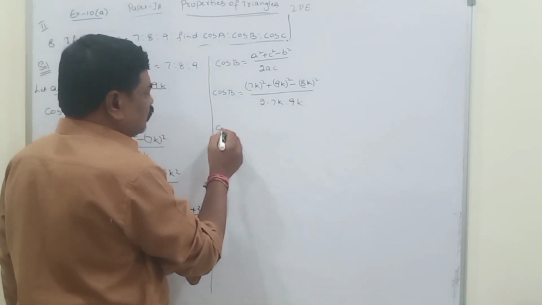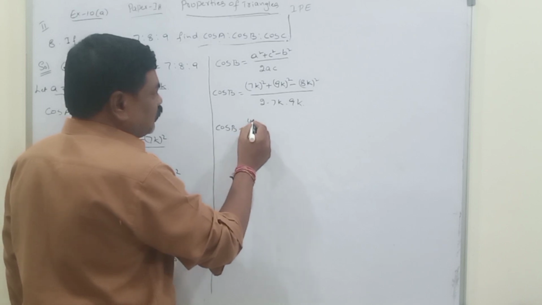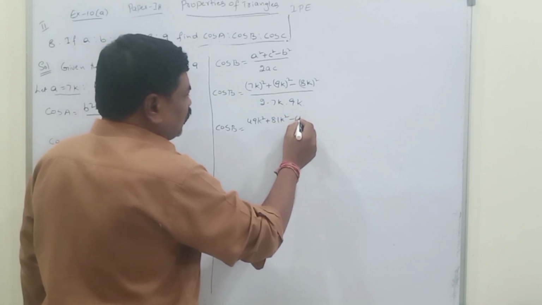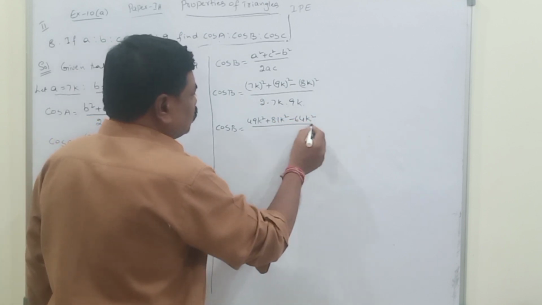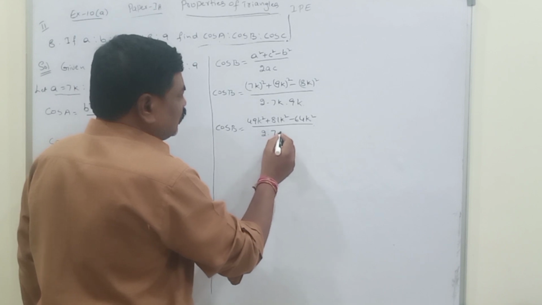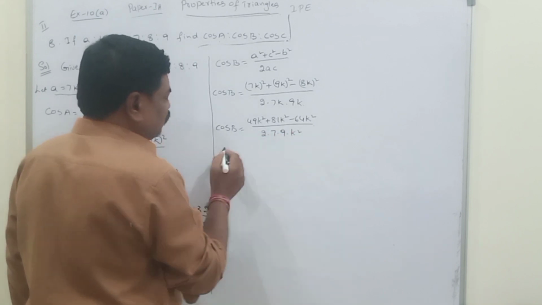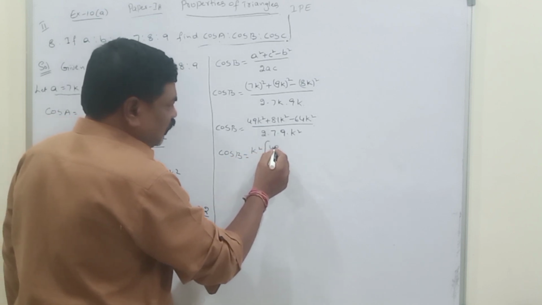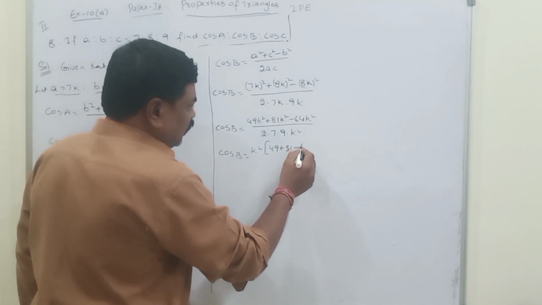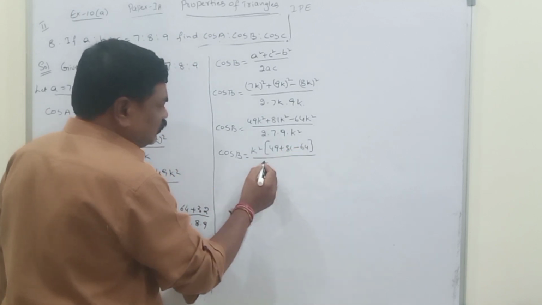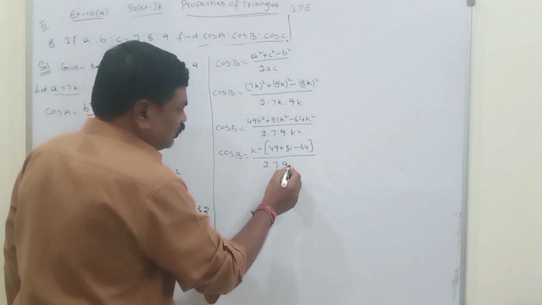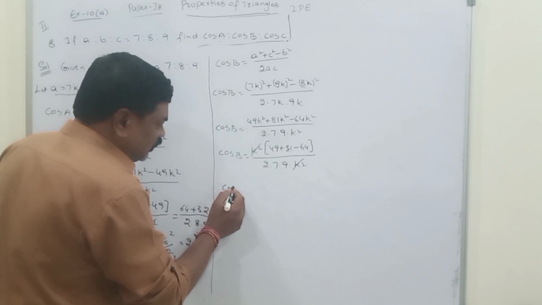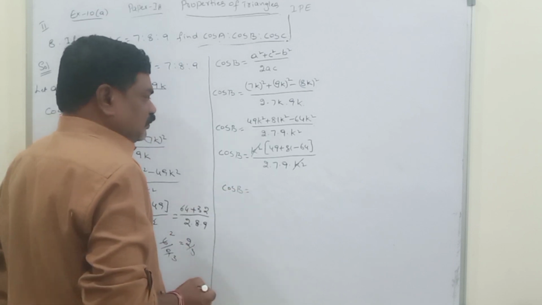So cos B is equal to 49k square plus 81k square minus 64k square by 2 into 7 into 9 into k square. K square is common, and k square gets cancelled.